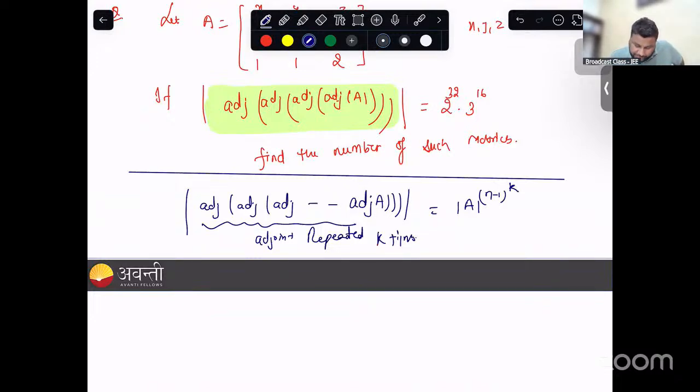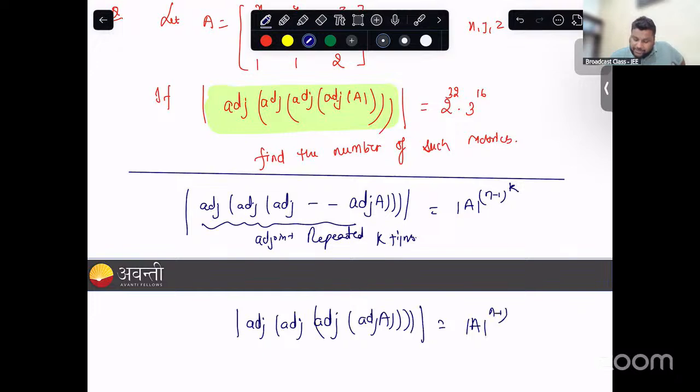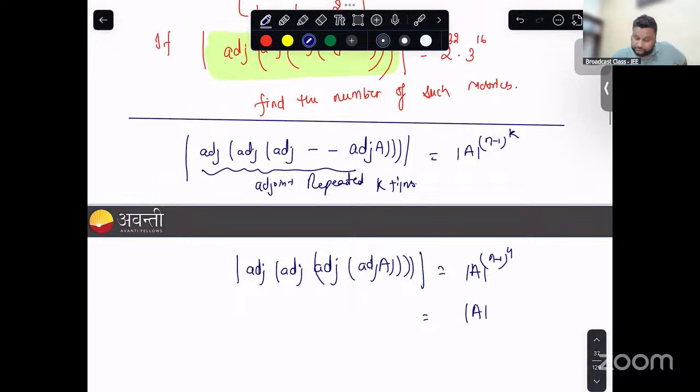So the determinant of adjoint of adjoint of adjoint of adjoint of A will be determinant of A to the power n minus 1 to the power 4, which is determinant of A to the power 4n minus 4.